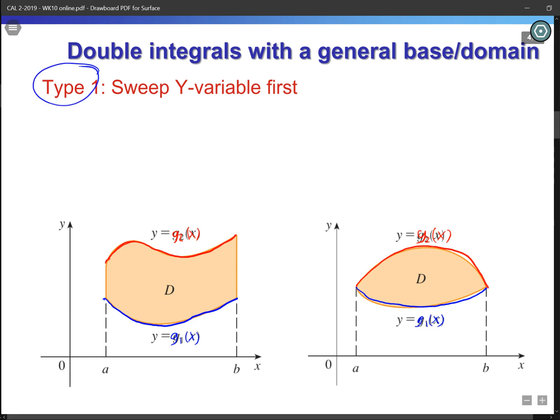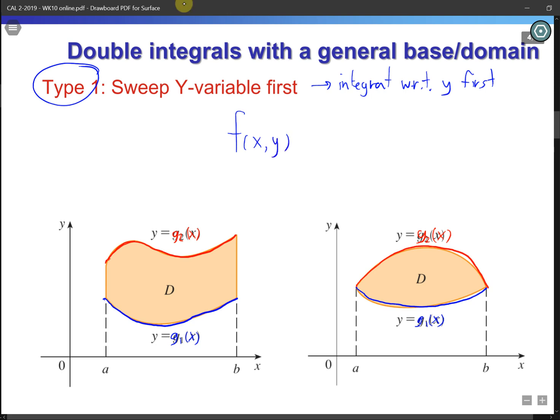Type 1 says that you need to sweep the y variable first, which means that you integrate with respect to y first. So we have this multi-variable function f(x, y).